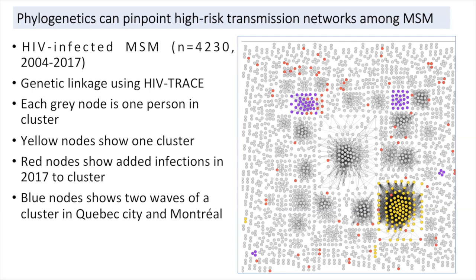Clusters can spread, and as shown, the blue cluster was a Montreal cluster, which had a limited expansion up until 2015, and it has moved over into Quebec City, in which a secondary wave has taken over that city in the province, and 9 people were added in 2017. So by doing this, one can see which clusters are expanding in any given period of time.